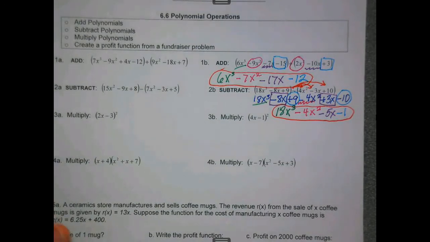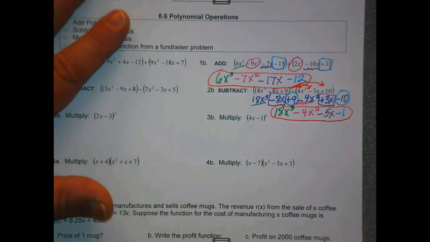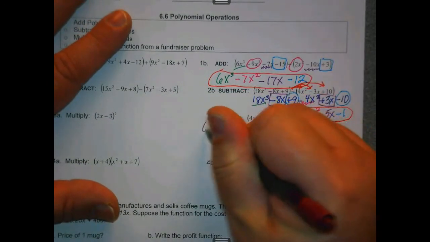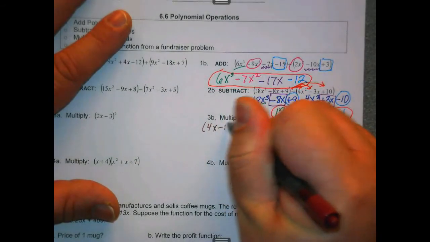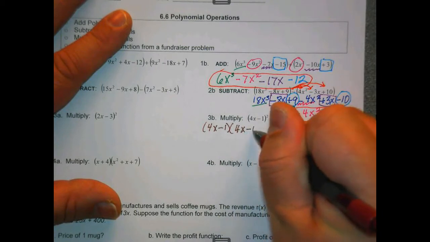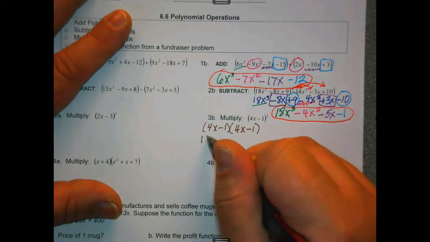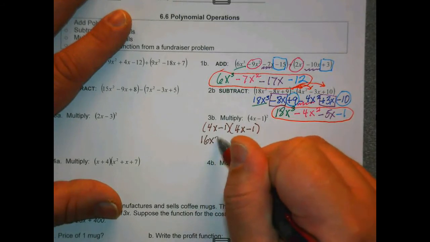3B, we're squaring 4x minus 1. You could use FOIL, or you can use the box method. 4x times 4x is 16x squared.